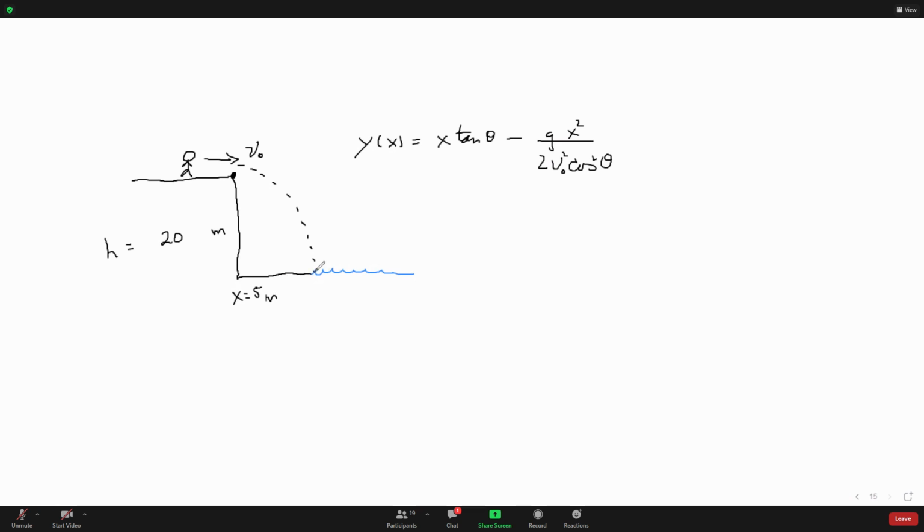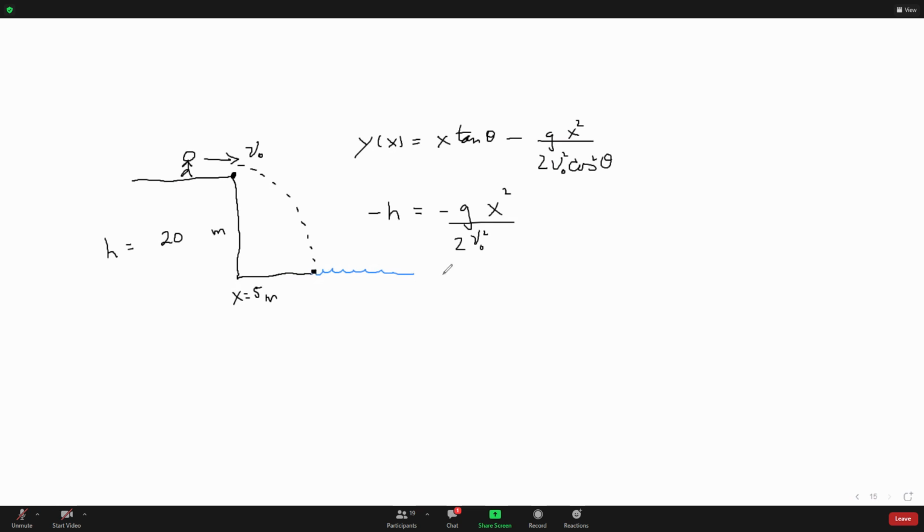We want to hit this point right here to find the minimum value of V0. So that means y equals minus h, which must equal minus g times x squared, where x is 5 meters, divided by 2 V0 squared, and the cosine of 0 is 1, so cosine squared of 0 is just 1.